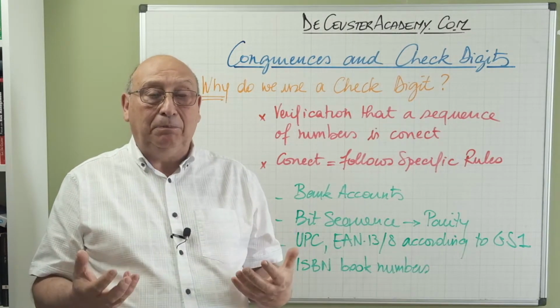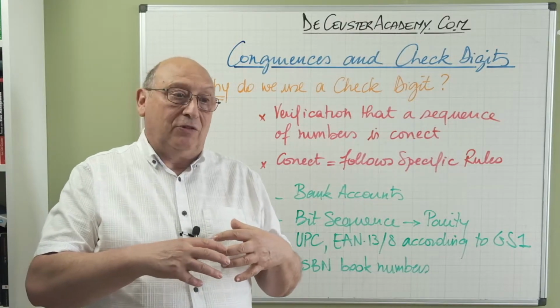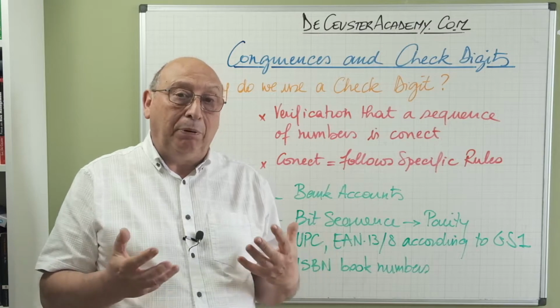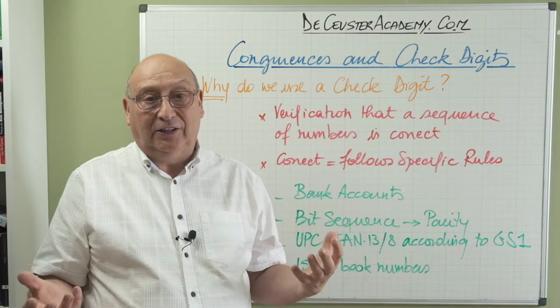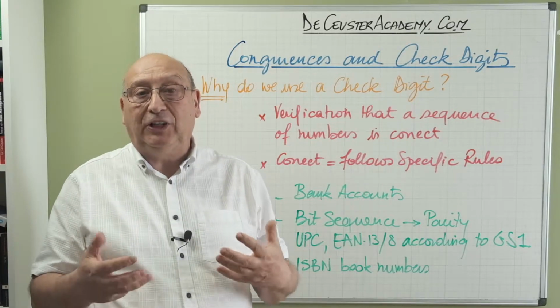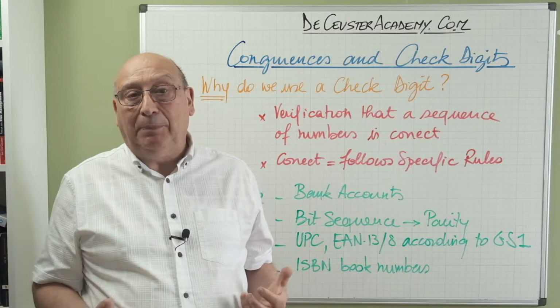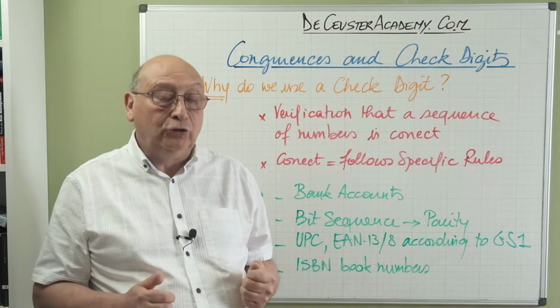That check bit is going to verify if the formula that we apply on the number is congruent to a specific modulus, modulus 2 or modulus 10, depending on the application that we are using.